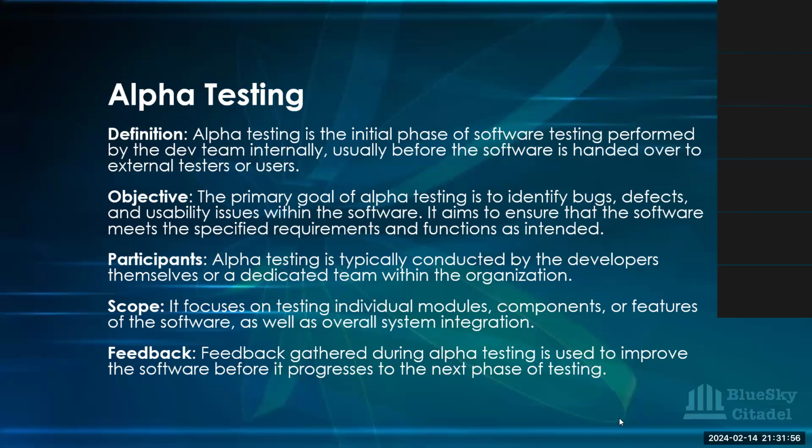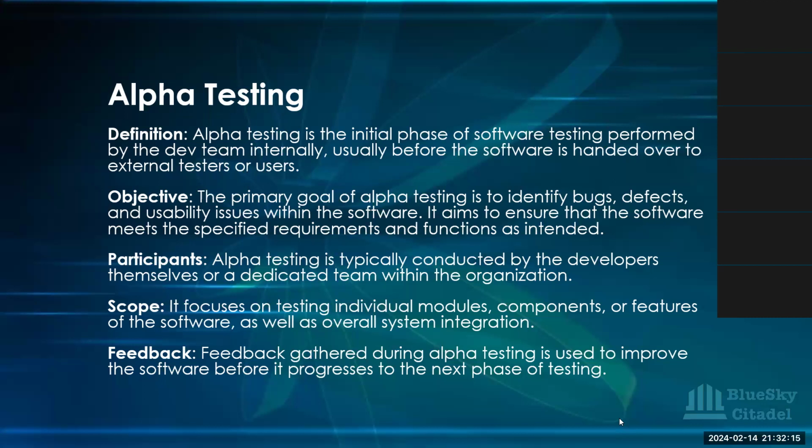And also in alpha testing, documentation is key, as it serves as a valuable reference for the dev team. This documentation helps them to prioritize and address any identified issues effectively.